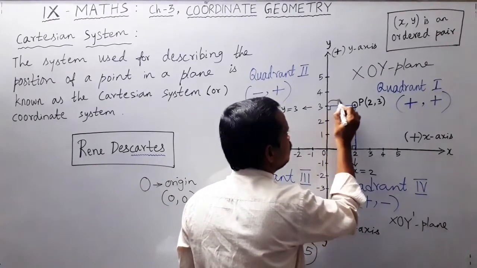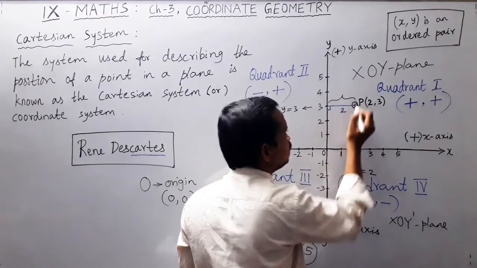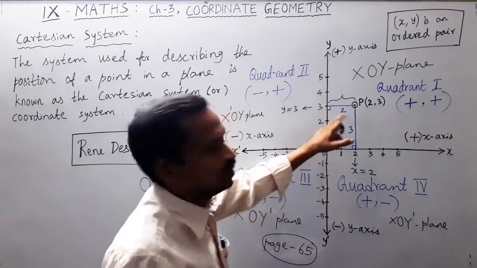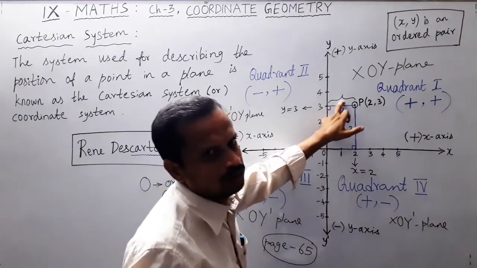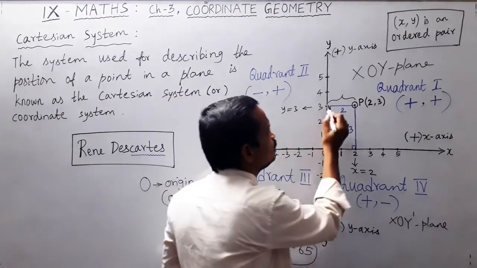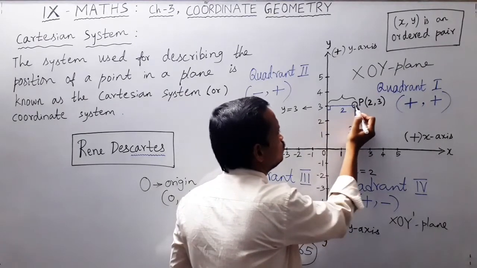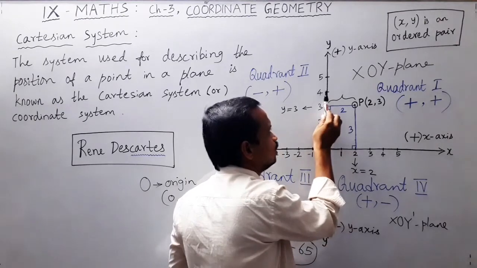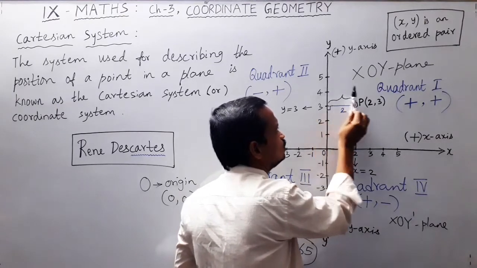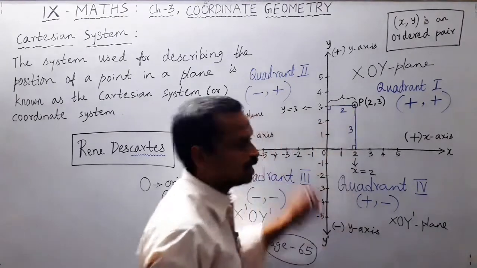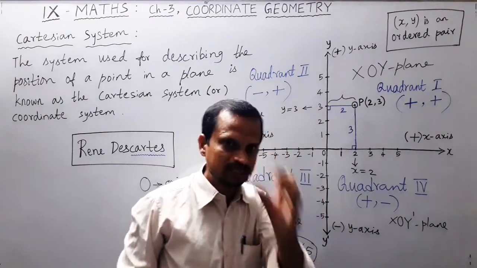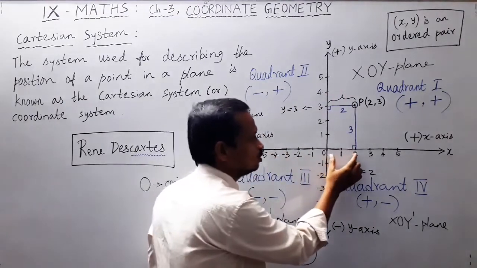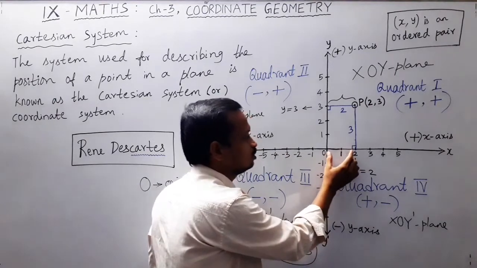You need not draw this; I am drawing this bracket just for explanation purposes. So from here to here, from the y-axis to that point, that distance is equal to this distance.